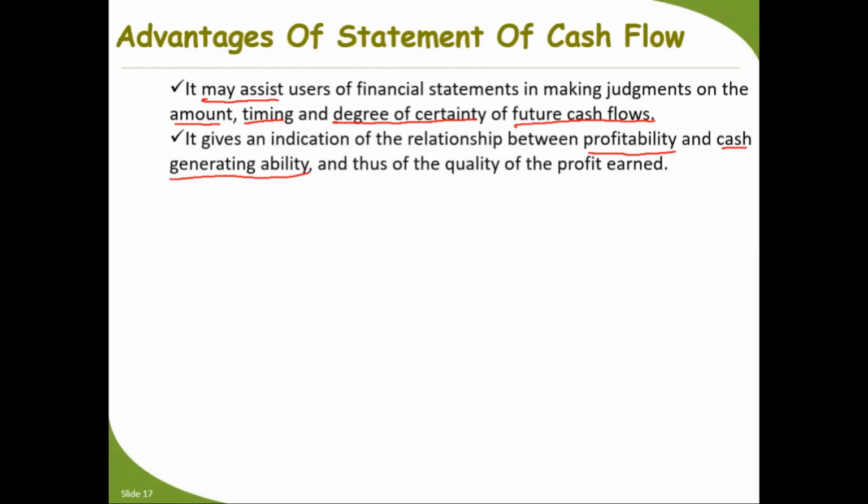Your sales revenue figure is very high, your profits are very good, but the majority of your sales are on credit. It means you are not receiving cash against your sales. So this relationship is not strong, and thus the quality of profit earned is in question, whether these profits are in the form of cash or not.